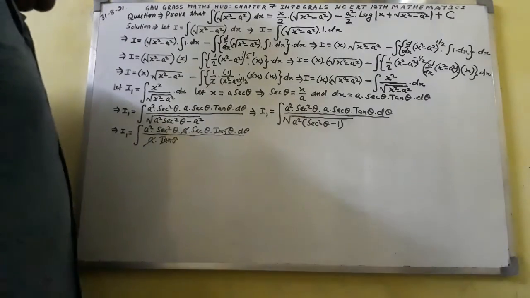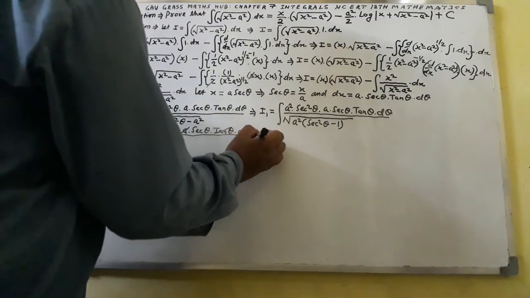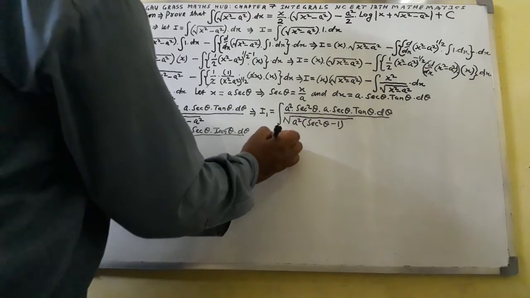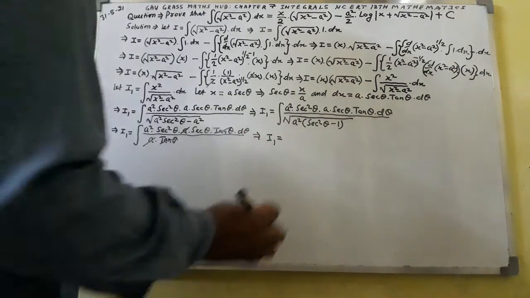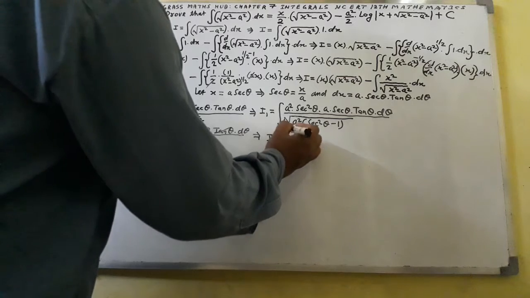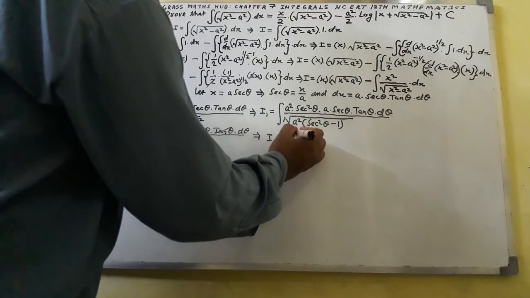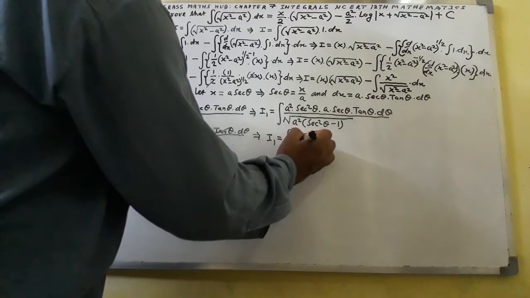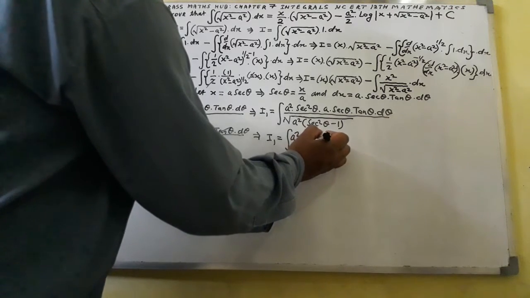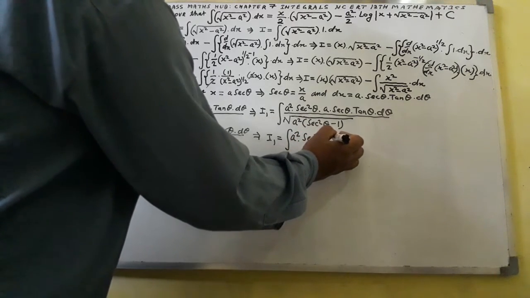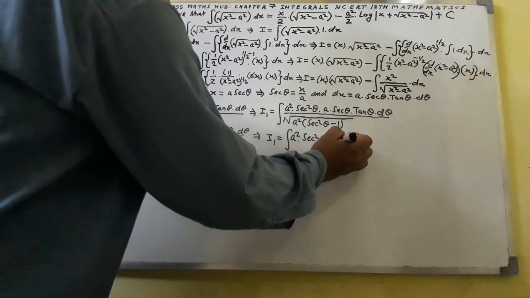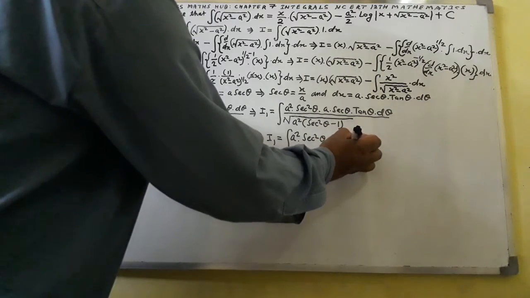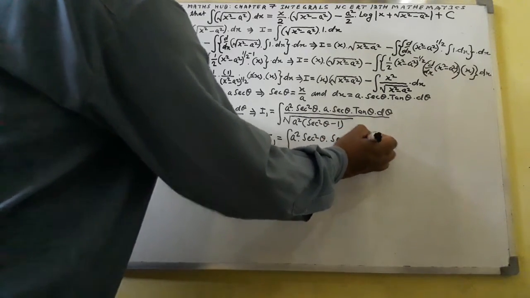So here you have got, I shall write, it implies that I1 equal to integral a square dot sec square theta dot sec theta dot d theta.